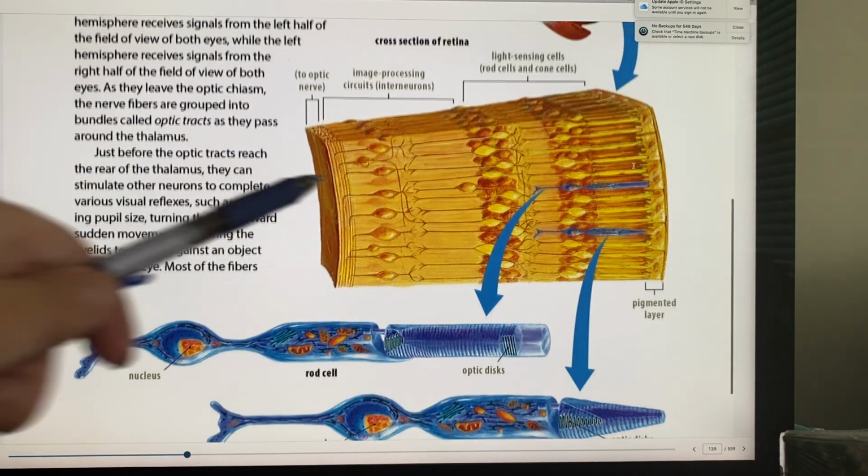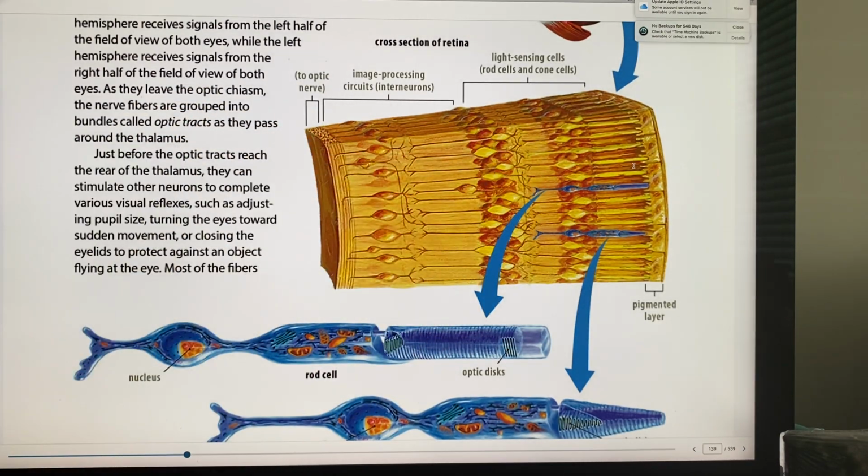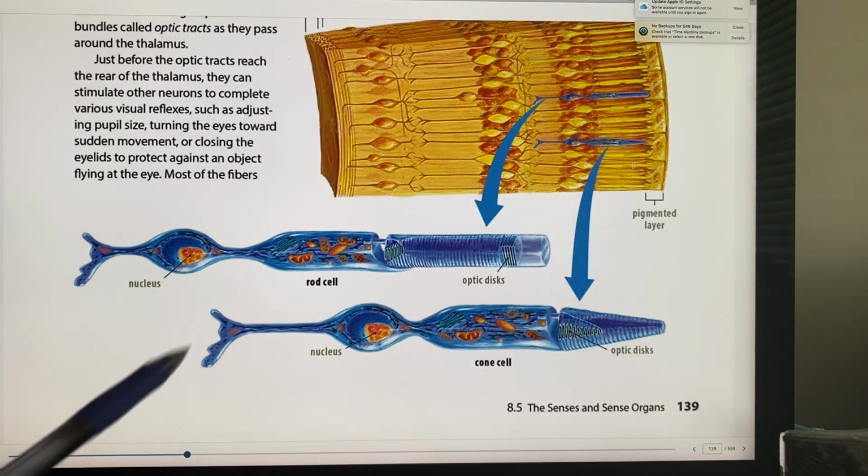And here's the optic nerve, but this is going to be the cross section of the retina there. And then you have these little rods and cones in the retina, getting the color, cone and rod, and the big picture.